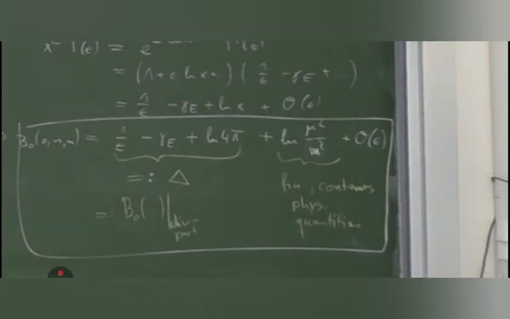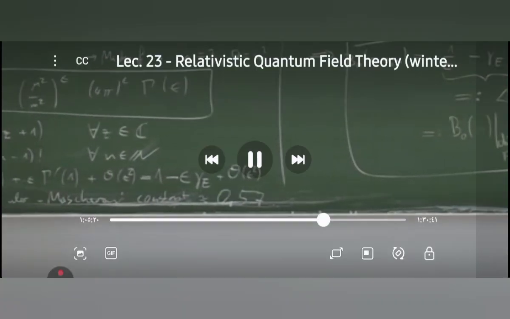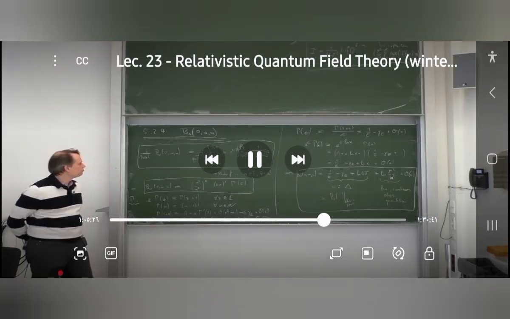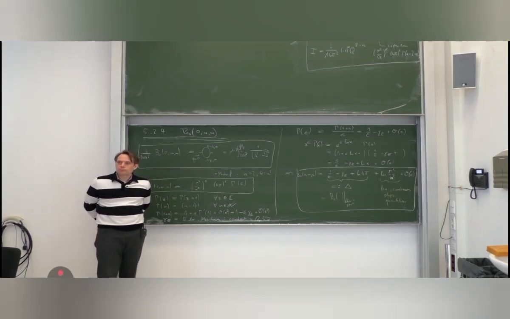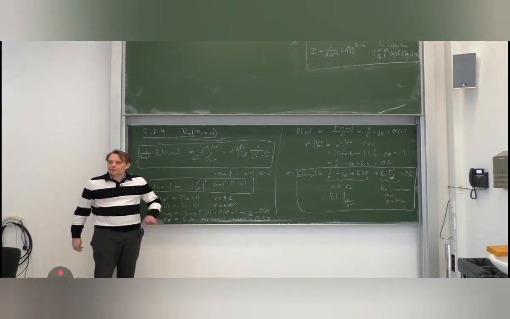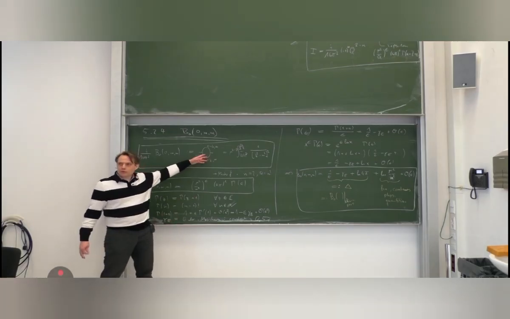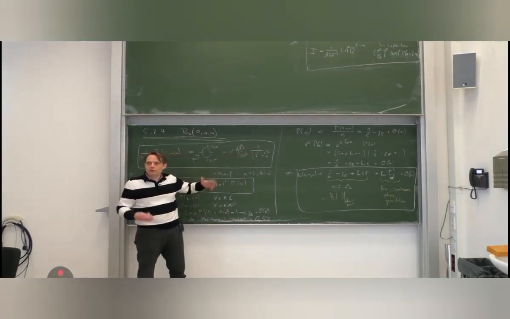Any questions to this B0 function? Yeah, you are thinking of QED, and this is just a generic Feynman diagram which does not correspond to QED, but where the propagators have simply a 1 in the numerator and where the vertices also are defined to be 1.